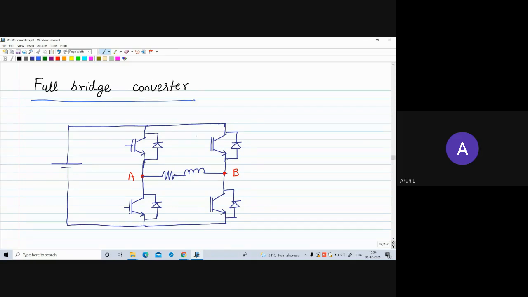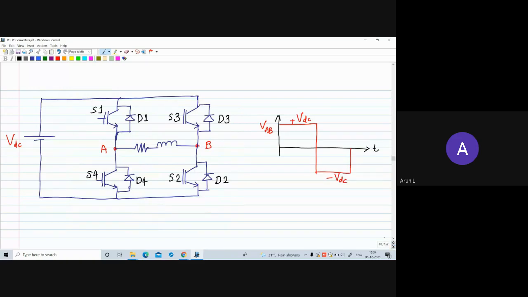So in a full bridge converter we have four switches. By appropriately turning on and turning off the four switches, you can have bidirectional current on the AB section. So the voltage will be either VDC or minus VDC based on S1 and S2.